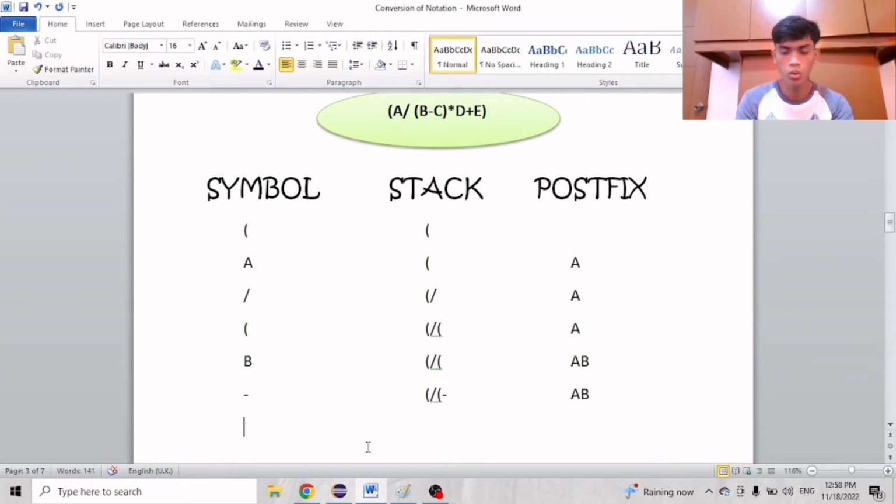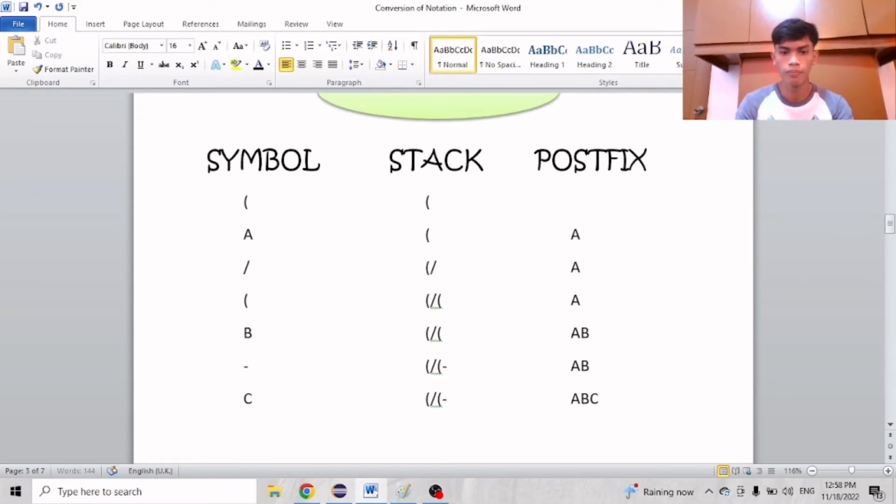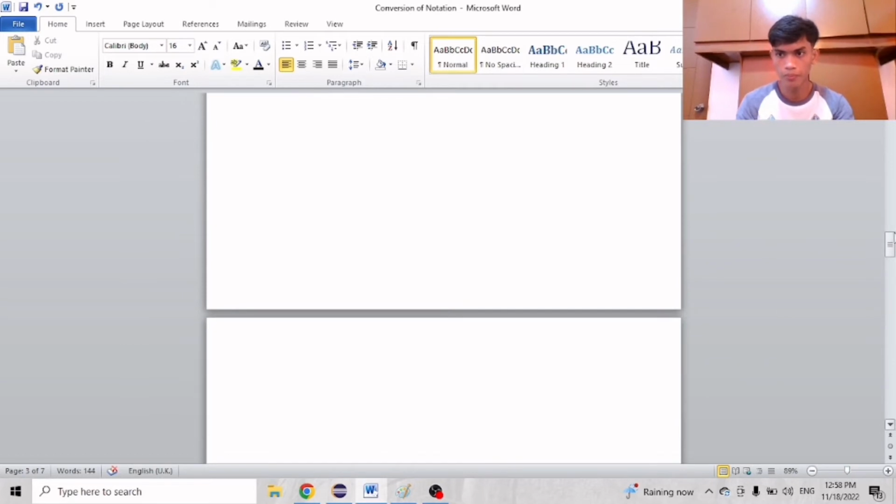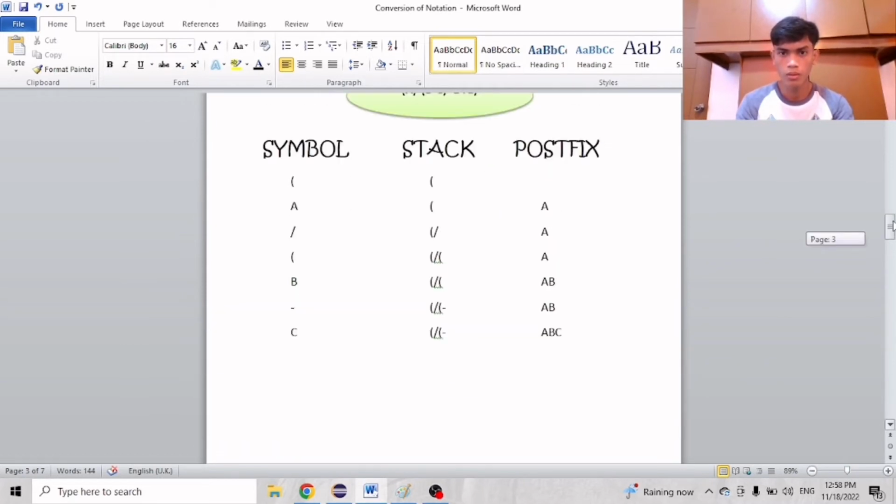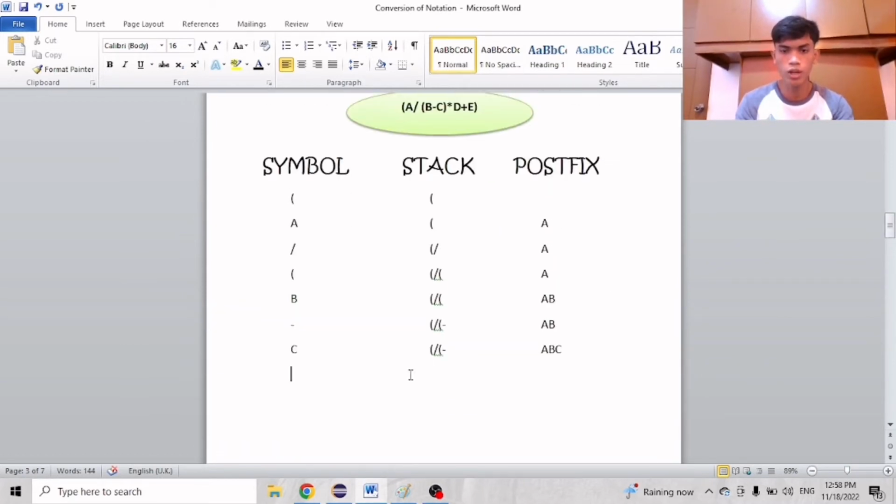So now let's go to C, same output here, and here it's an operand. Let me show this so it is clear. It's understandable. So now we're going to do the closing bracket.